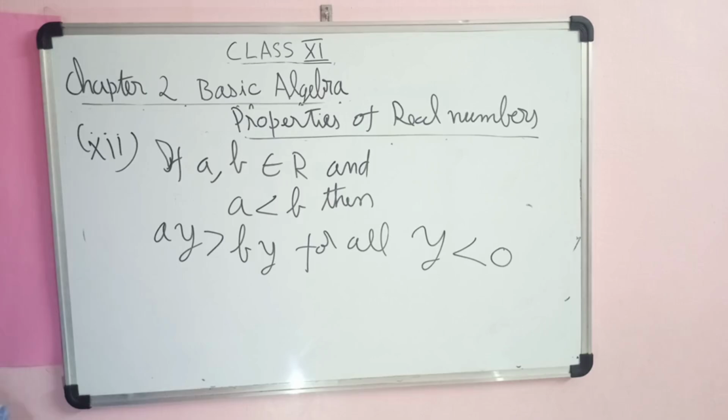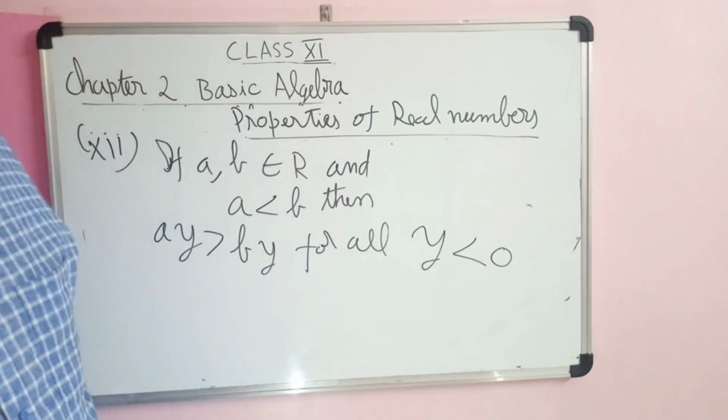These are all the 12 properties of real numbers.